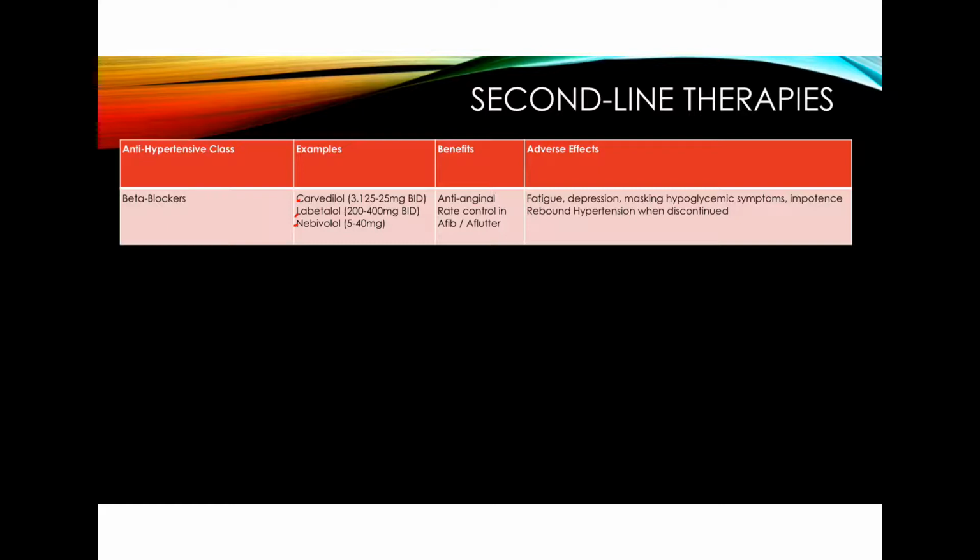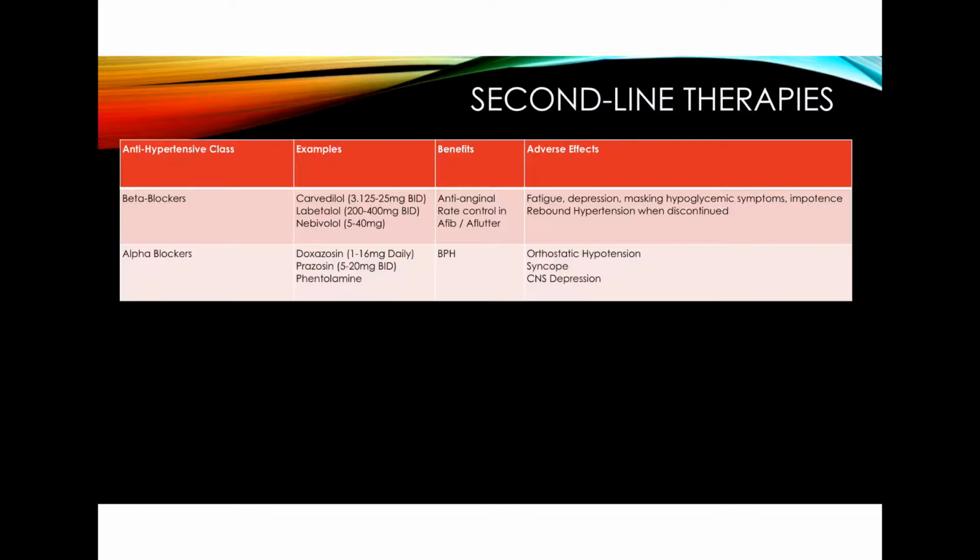They're useful in patients who, in addition to their hypertension, have angina, since they are anti-anginal, and who have arrhythmias that would require rate control, such as atrial fibrillation. They're also effective, specifically carvedilol, in patients with chronic systolic heart failure, or heart failure with reduced ejection fraction. Unfortunately, they do have multiple side effects which prevent them from being an effective first-line option.